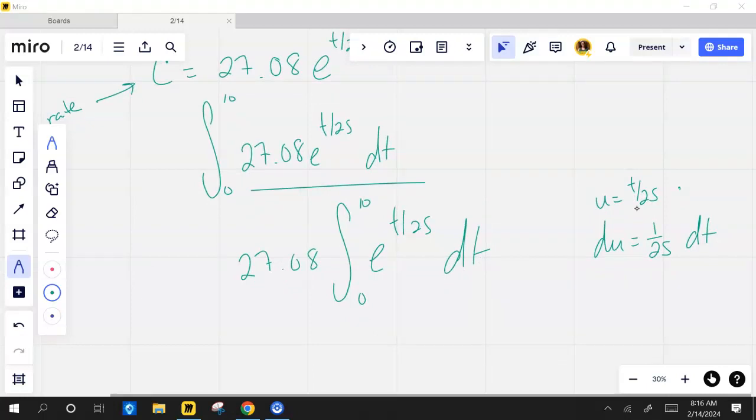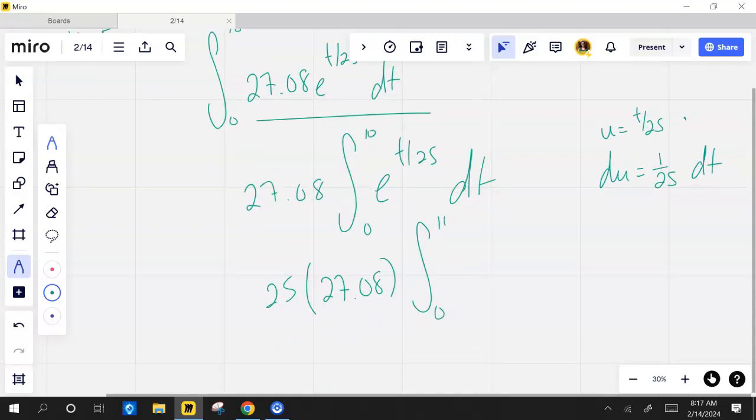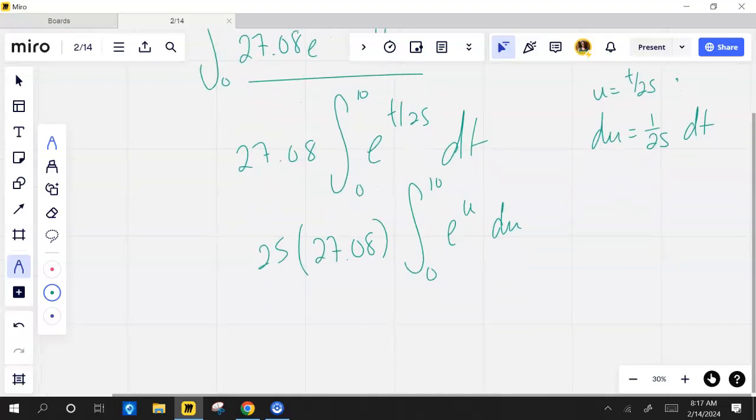So I need a 25 outside the counter. So it's going to be 25 times 27.08. And then I've got the integral from 0 to 10, e to the u du. Follow me? So 677. But y'all do get used to letting your calculator do it.